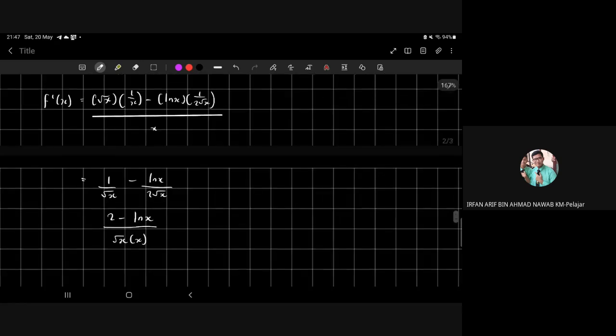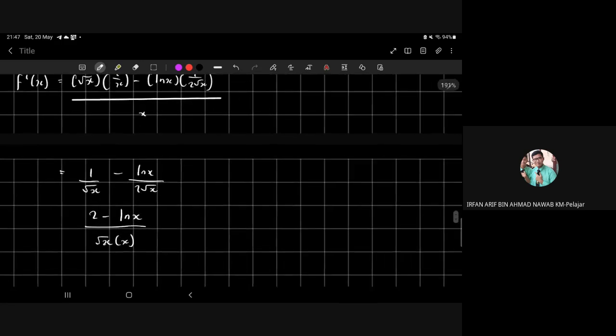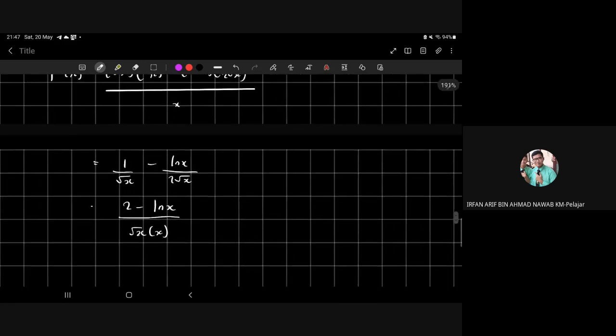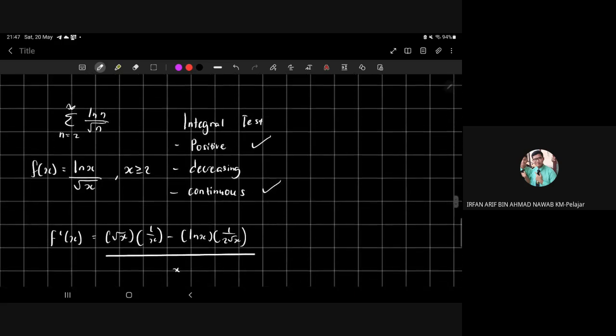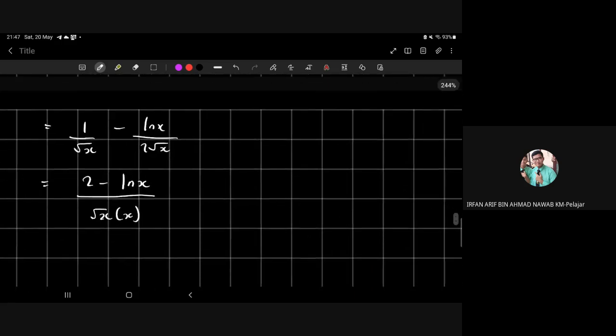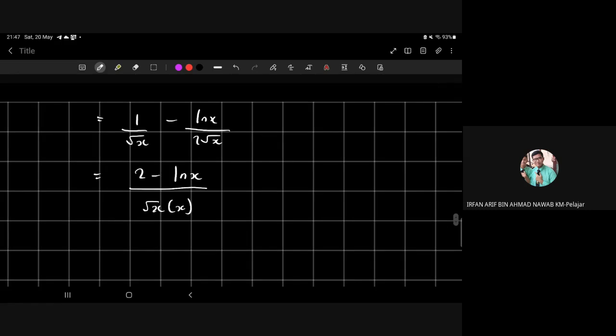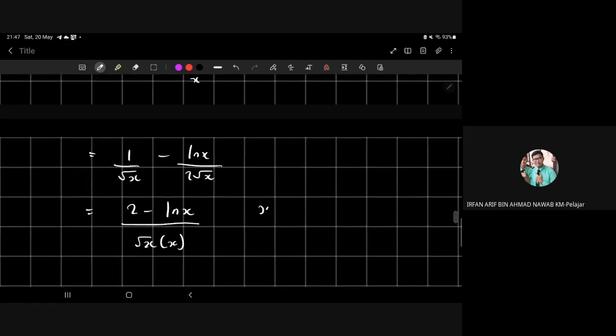Yeah, that should be it. So now, 1 over square root of x. So the question is, when x is equal to 2, the slope is positive. Am I right? If I'm not mistaken, the slope should be positive. Yeah, true.